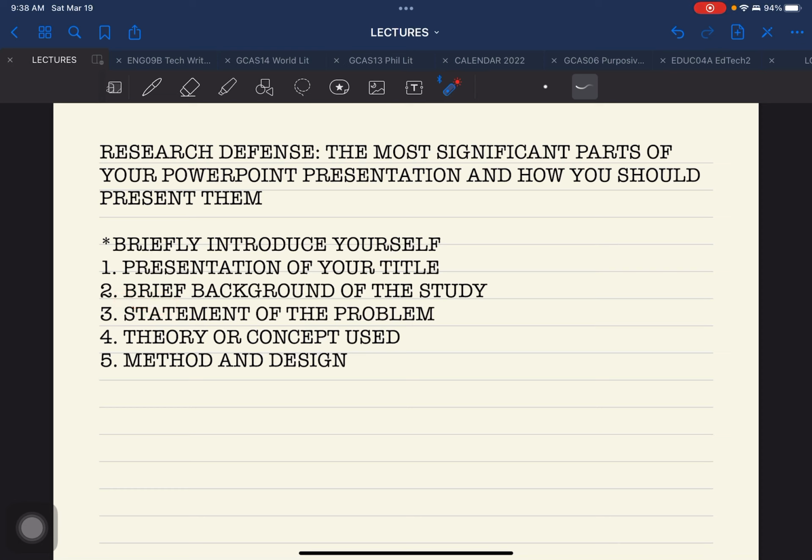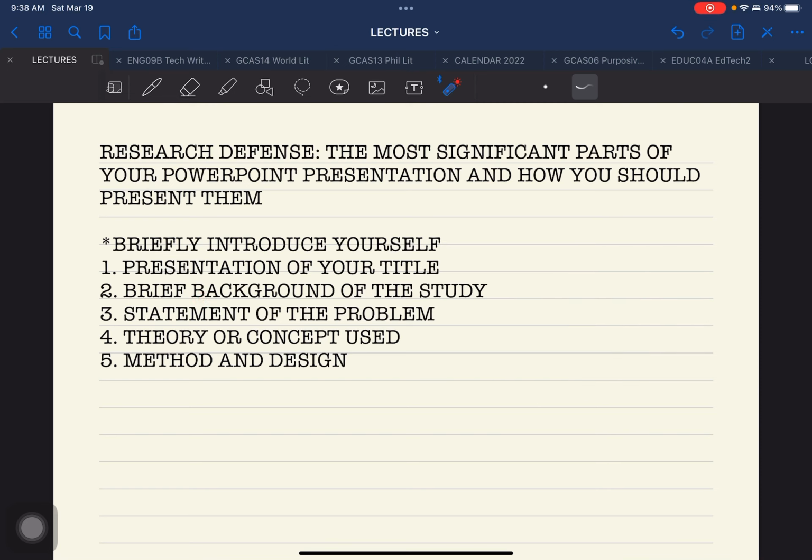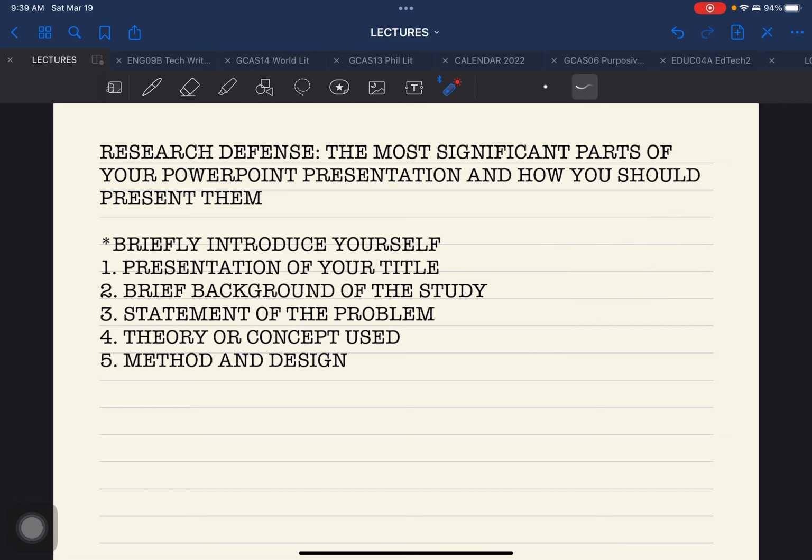That is why brief refers to the significant and important points that you need to present in order to make a valid argument located in the background of the study that the problem or the issue is existing, number 1, and number 2, there is a need to conduct the study.